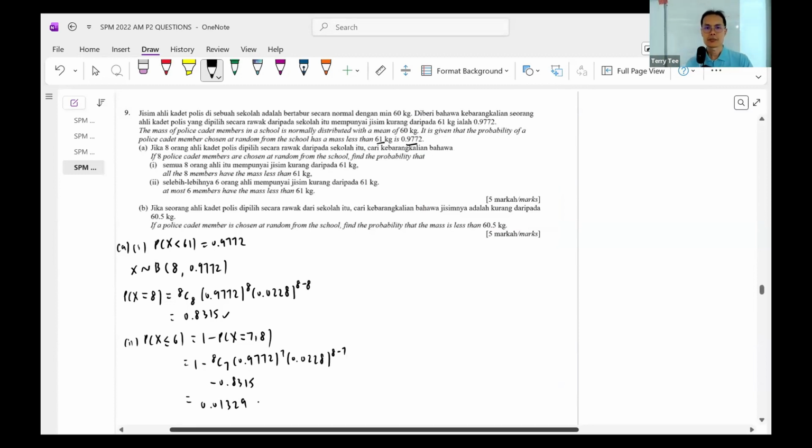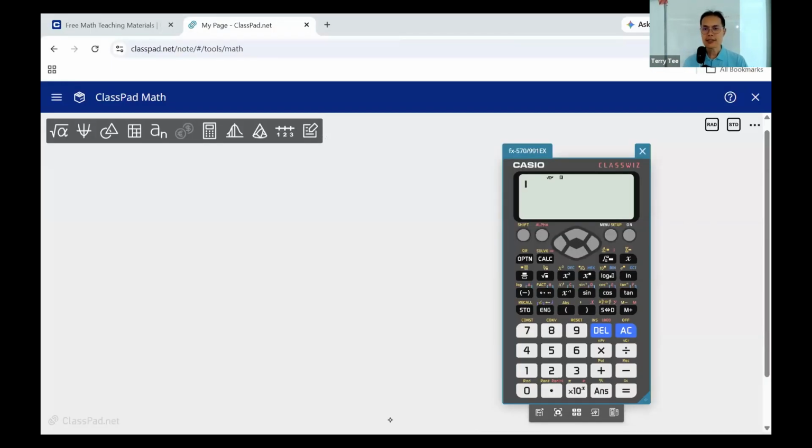Okay. I also want to show you how to use this calculator. Hope you can see my calculator. This is the 570 MS ClassWiz calculator. So we can use this calculator function to find both part 1 and part 2. Okay, let's start with the first one. You press menu, you press 7 for distribution. Then you press binomial PD.